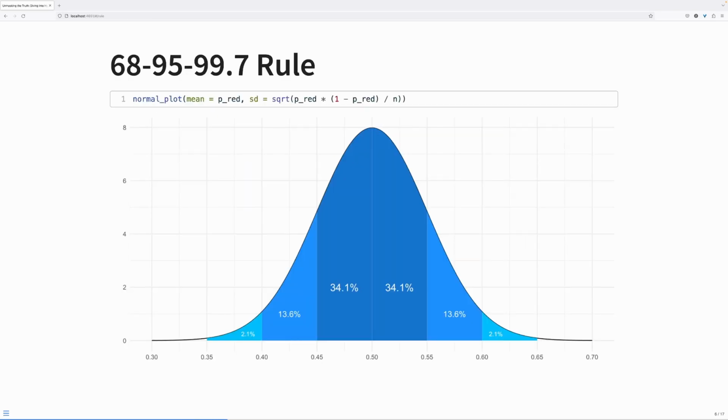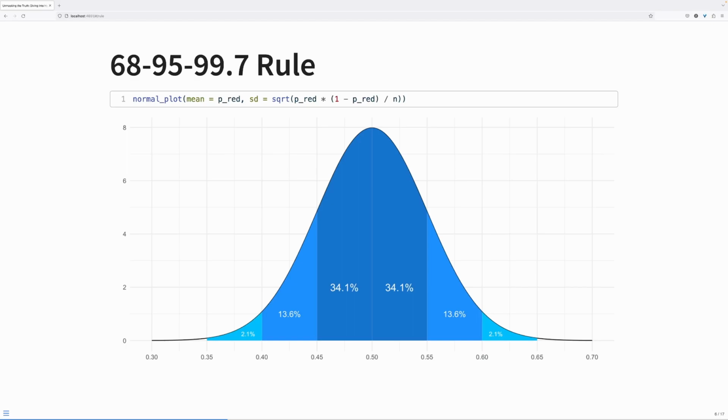And one key characteristic of the normal distribution is the 68, 95, 99.7 rule, which says that 68% of data points fall within one standard deviation of the mean, and 95% within two standard deviations, and 99.7% within three standard deviations. Therefore, if we draw a sample of 100 marbles from the bag, and the proportion of the red marbles significantly deviates from this expected mean of 0.5, then we may need to reconsider our assumption.